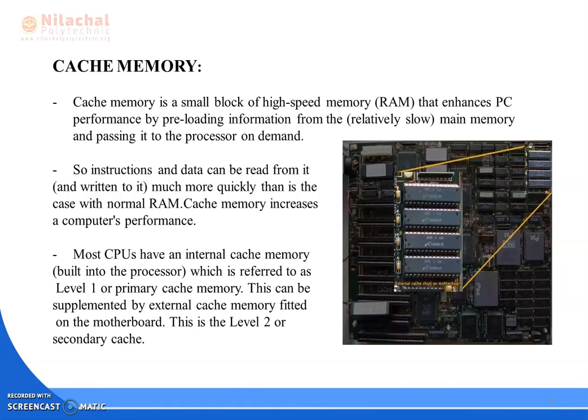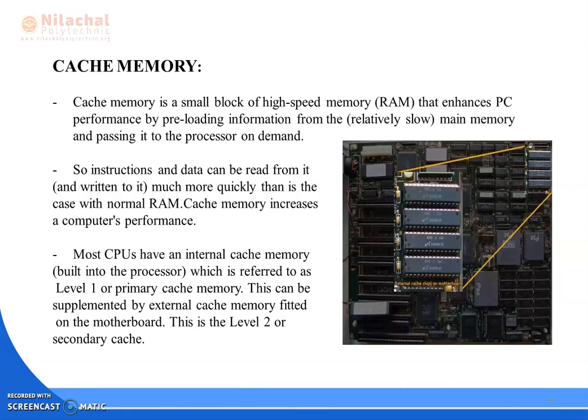Instructions and data can be read from it, and even written to it, much more quickly than in the case of normal RAM. Cache memory basically increases the computer's performance, or we can say its speed. Most CPUs have an internal cache memory, which is built into the processor and referred to as level 1 or primary cache memory. It can be supplemented by external cache memory fitted on the motherboard, known as level 2 or secondary cache memory.